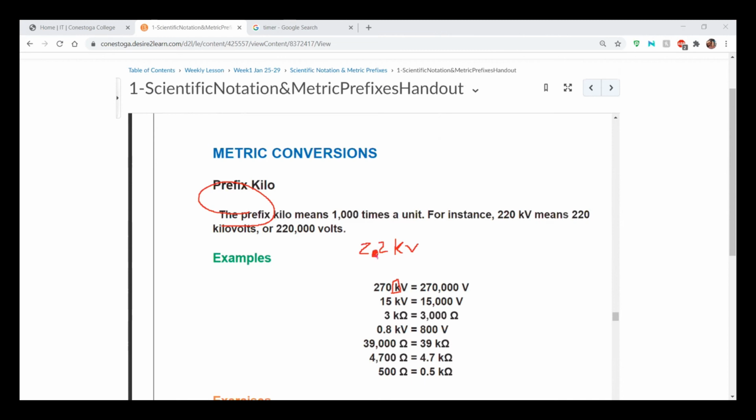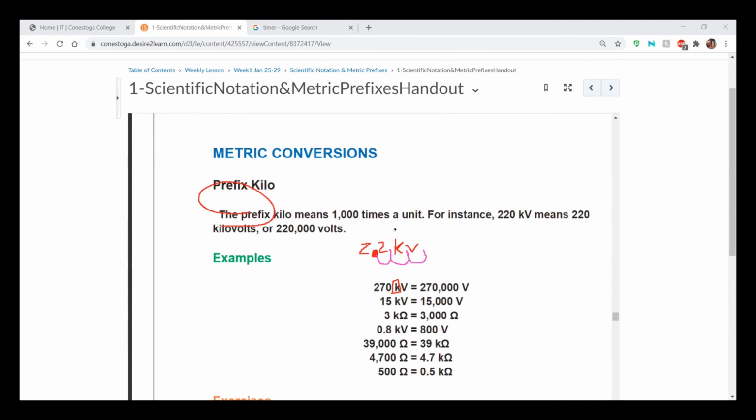This little dot will be skipped 3 spaces to the right in order to get our unit.